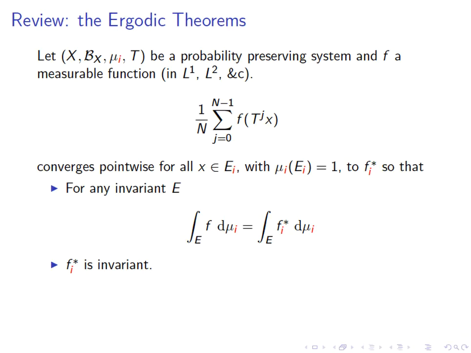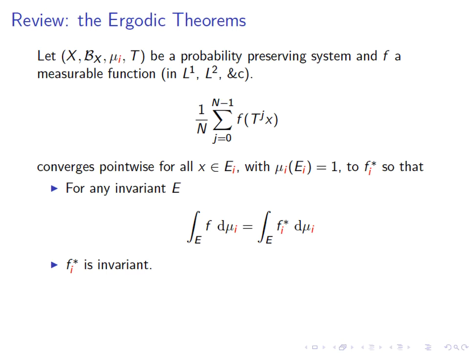But there's something funny, because this operator, the ergodic average, does not consider the measure at all. So whether it converges or not has nothing to do with the measure. The set of points where this converges, think about what you're doing here. You're taking a point x, you're looking at its orbit, you're moving it off to R or to C with the function f, and you're asking whether the average converges.